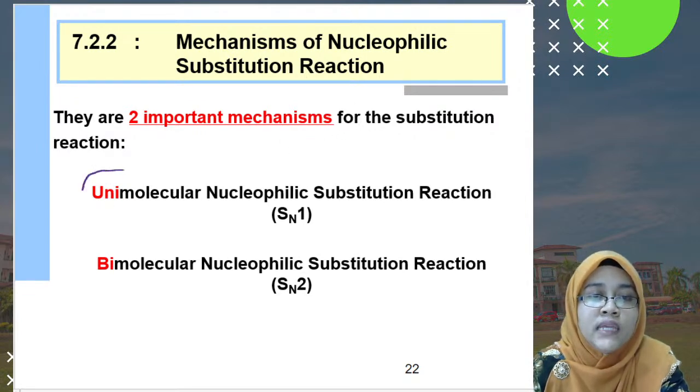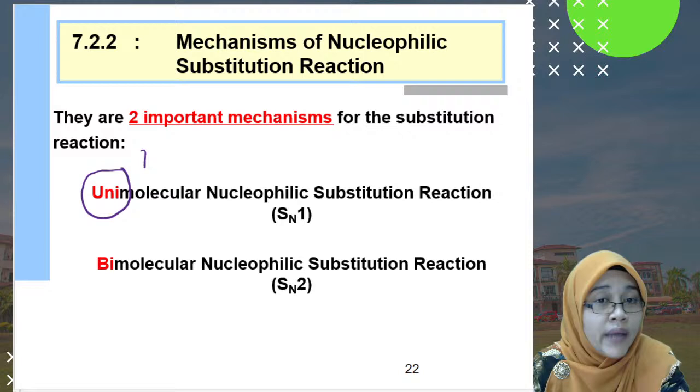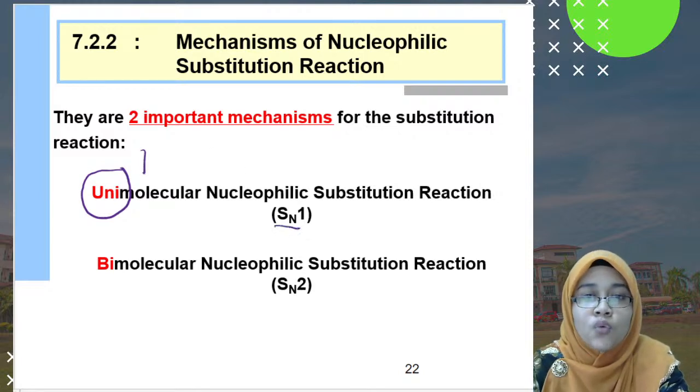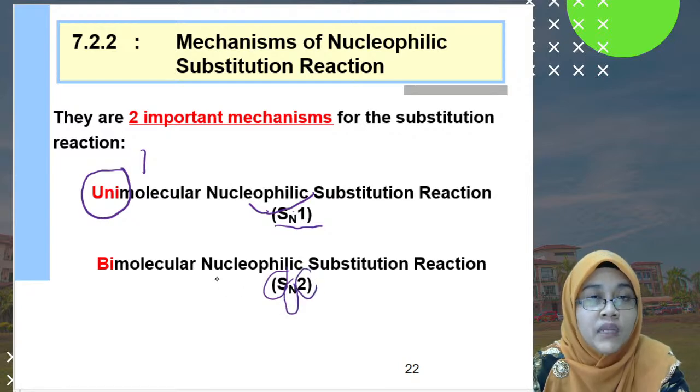One is unimolecular, uni meaning one: SN1. S is substitution, N is nucleophilic, 1 is unimolecular. S is substitution, N is nucleophilic, 2 is bimolecular, meaning two.